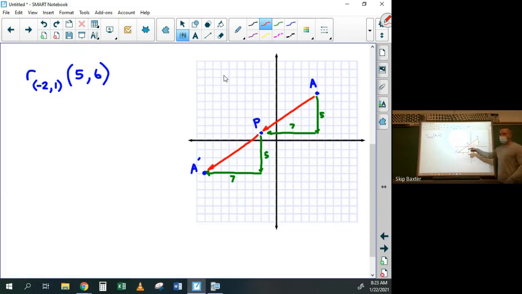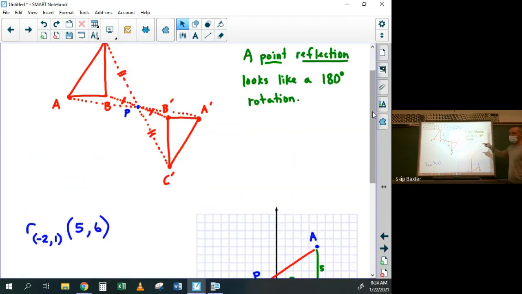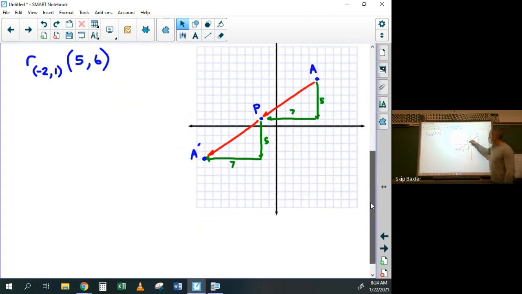But if it's a randomly sloped line, like with a slope of 5/7, it's hard to count squares without actually doing slopes. You know what I mean? So that's the easiest way to do it. But you can see it's really the same thing I did up here. I'm going straight to the point that you're reflecting through and then across it the same number of units.